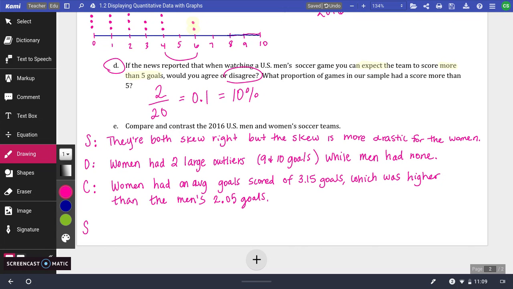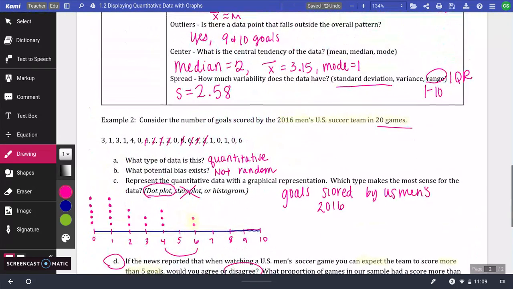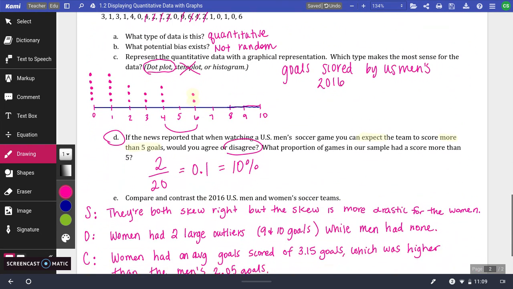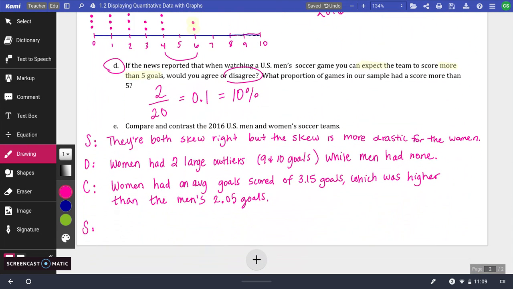Okay. And then last but not least, we've got the spread. So we talked about standard deviation up here, and I think that's more where we want to be than just giving a range. So again, the women, I'm going to use better English this time.